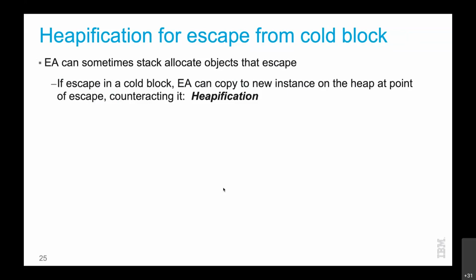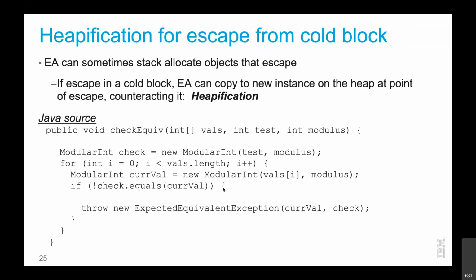So if that piece of code, that cold block, is never actually executed, then there's no harm done. If it is executed, the generated code is able to allocate the object on the heap at that point, and thus maintain functional correctness of the generated code.